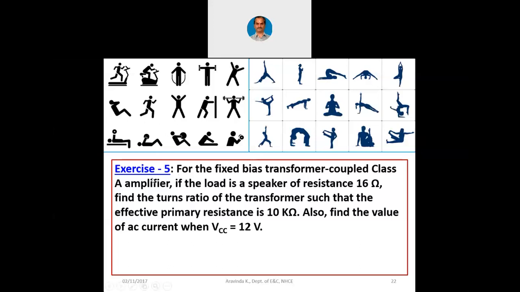We are going to discuss the audio amplifier, the class A amplifier. So the load can be a speaker now, a speaker of resistance 16 ohms. As you already know, a loudspeaker is basically what? A loudspeaker is basically a diaphragm. At times it can be a paper coated with carbon, and to the paper a coil is attached.